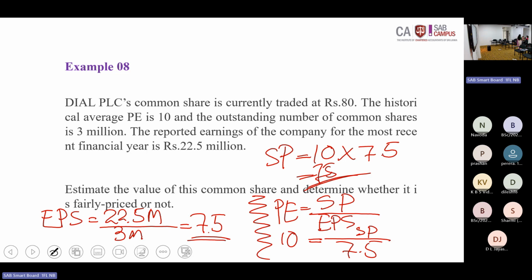Is it fairly valued, overvalued or undervalued? Overvalued. Why? The real value is 75, but it is trading at 80 rupees. That means the trading price is higher than the real value of the share. Therefore, it is overvalued in the market. Any question on this one?